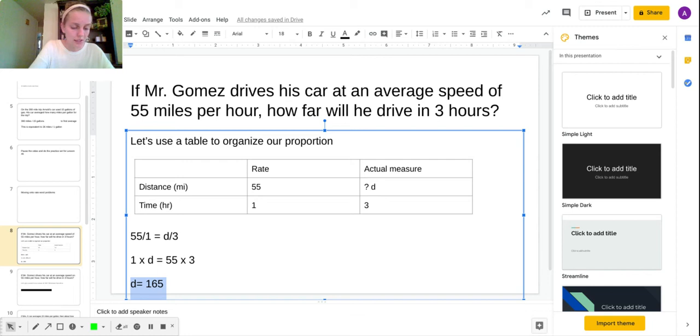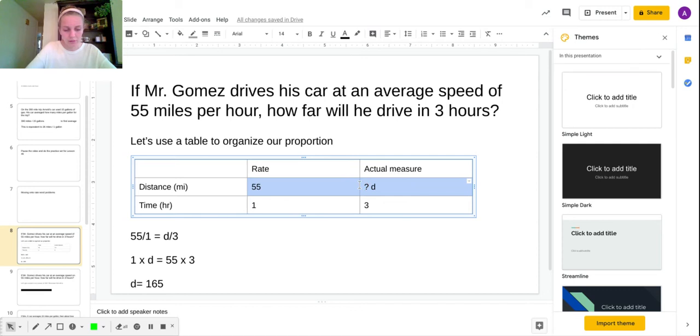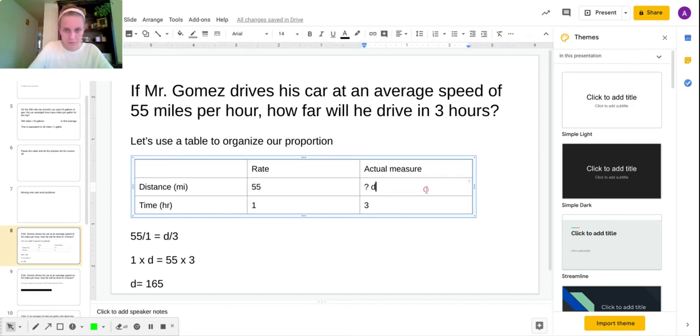That's what the book said, and I trust the book, but I should also do the math. Boom, it's right. Cool. Okay, so we have an answer of 165. Let's put that in here. 165. Okay, and I'm actually going to copy this and put it on the next slide.